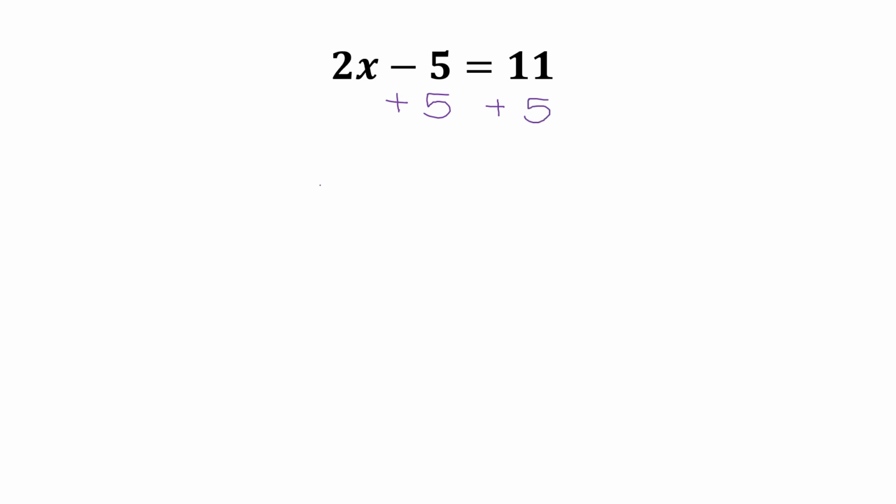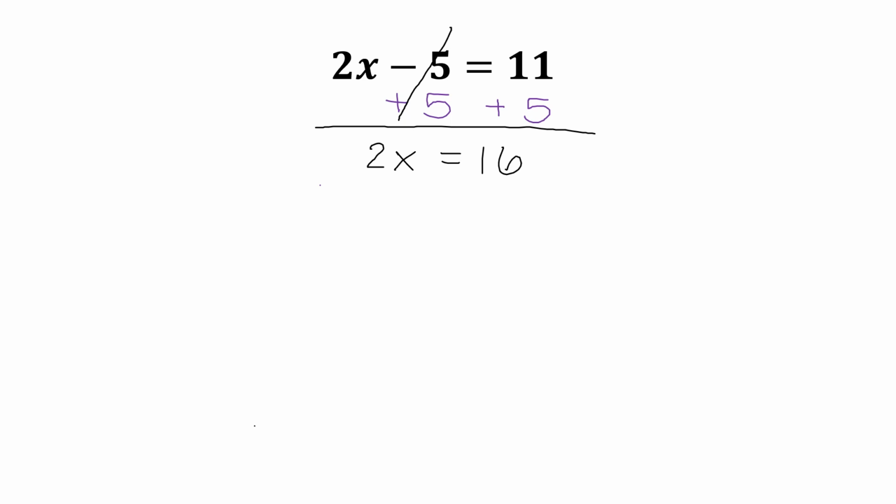We'll bring back our 2x and continue to solve this problem. 2x will be brought down. Subtracting 5 and adding 5, or if you want to think about it as negative 5 and positive 5, they're opposites, so they'll cancel out to 0. And 11 plus 5 equals 16.